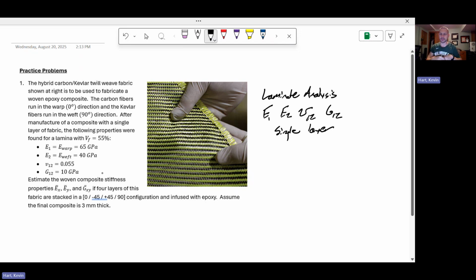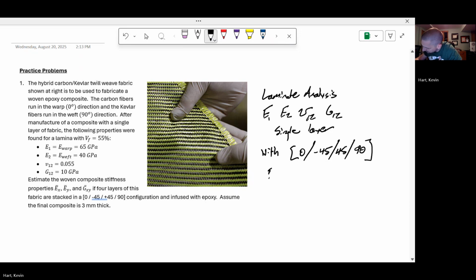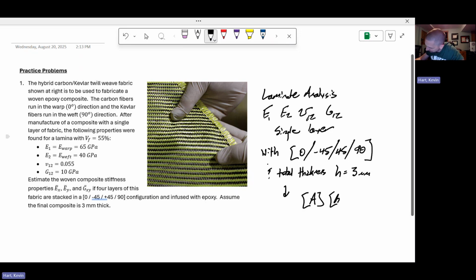And now we're going to use those in multiple layers with a particular stacking sequence to calculate a laminate stiffness. We're going to get these A, B, and D matrices.